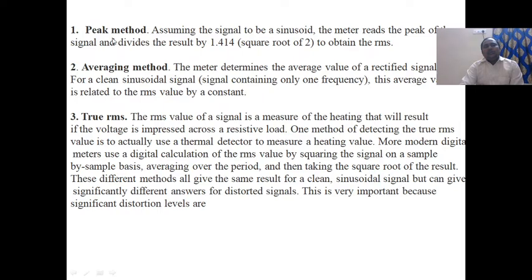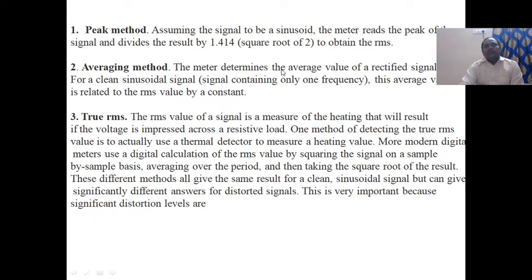What is meant by the peak method? Assuming the signal to be sinusoidal, the meter reads the peak value of the signal only. In a sinusoidal waveform, the peak value is measured by the peak method of multimeter and the result is divided by 1.414 to obtain the RMS. Second one is the averaging method.